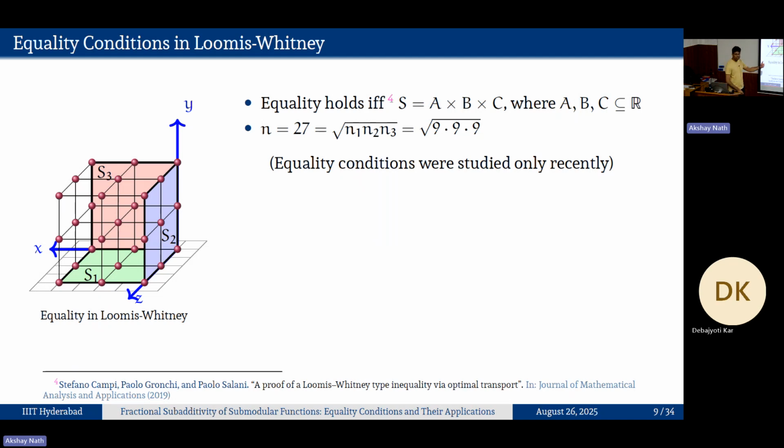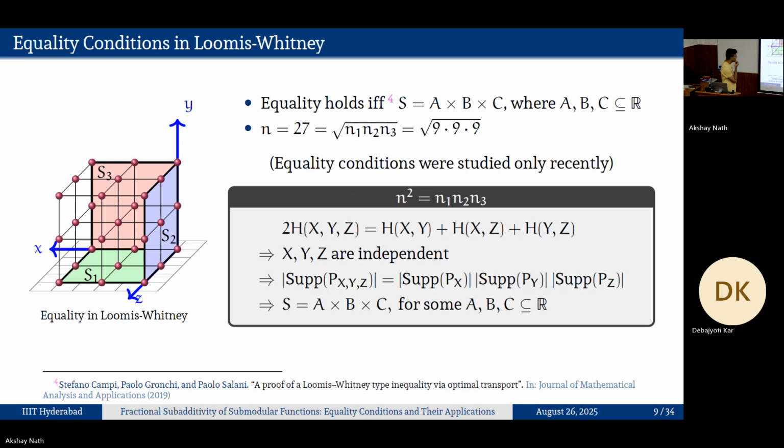The equality conditions for this Loomis-Whitney have not been studied in the literature, and this actually has an implication I'll talk about soon. So here we're using this. The summary of what we've done is n square is n1 into n3, and the equality holds if and only if x, y, and z are independent.